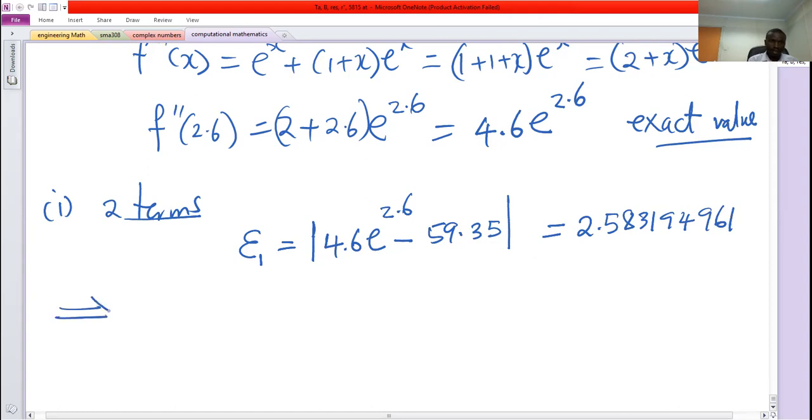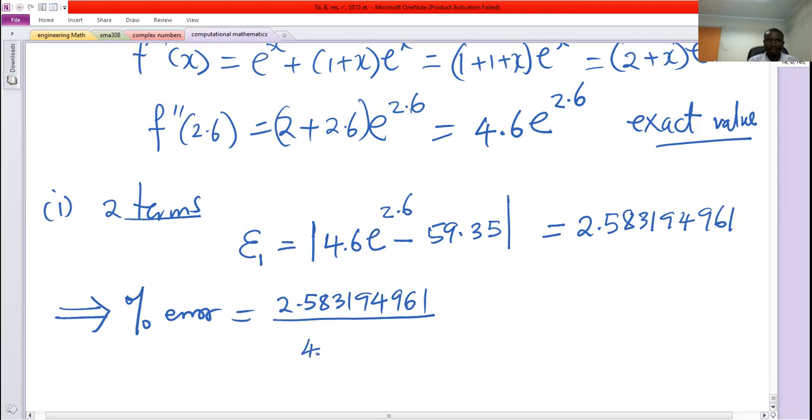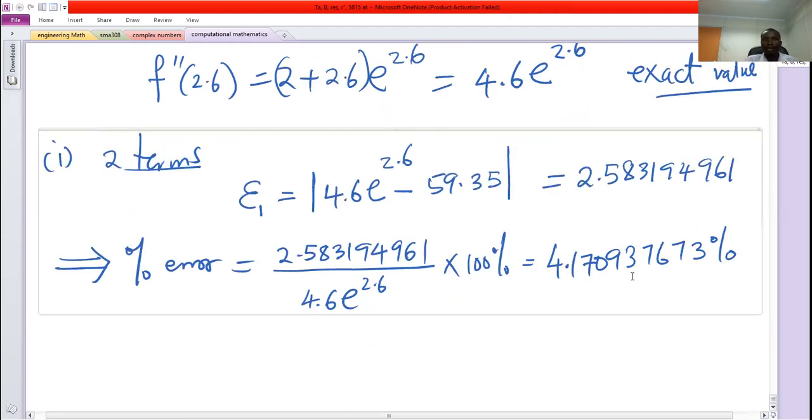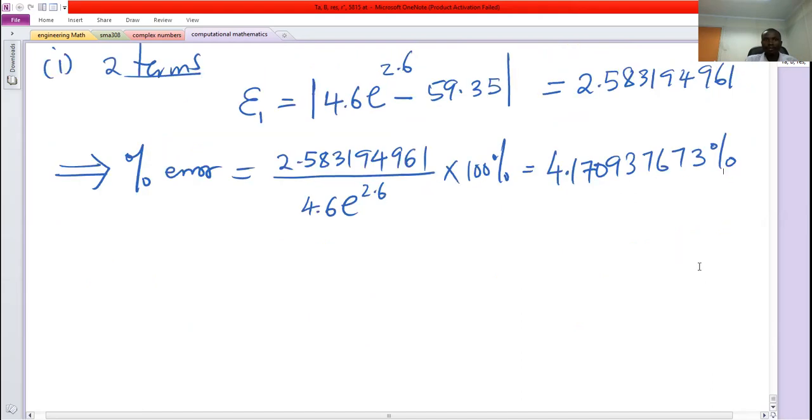So which means that in this case, percentage error will be 2.583194961 divided by 4.6 e raised power 2.6 times 100%. This will be 4.170937673%. So that is the error and the percentage error in the case of two terms.